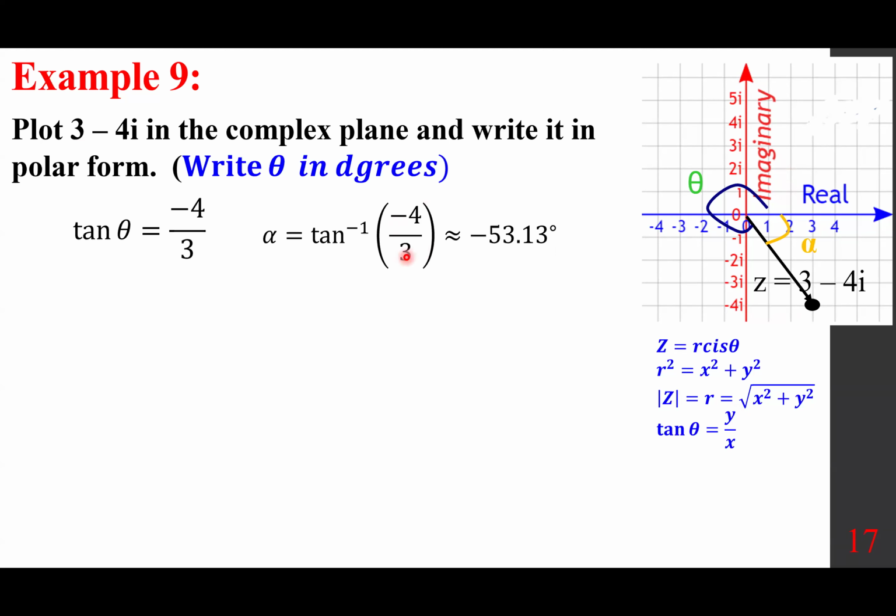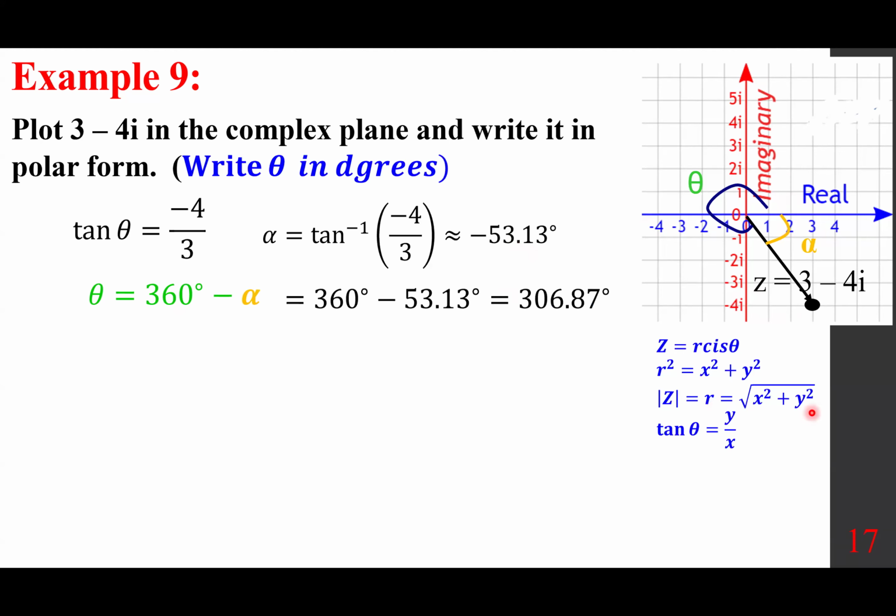And tan inverse of minus 4/3 from the calculator gives us roughly minus 53.13 degrees. And normally we want positive. So all you have to do, add minus 53.13 degrees, add 2 pi, in this case 360 degrees, because we're going to go with degrees format. So 360 minus this is 306.87 degrees.